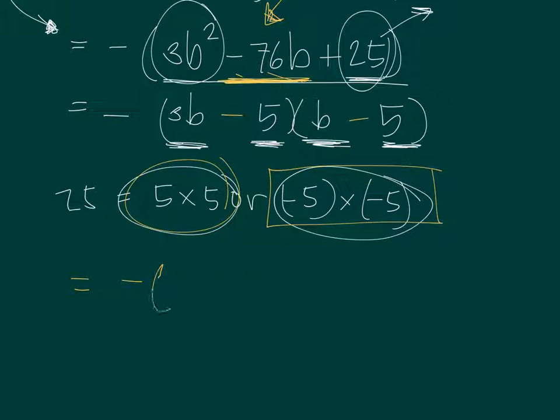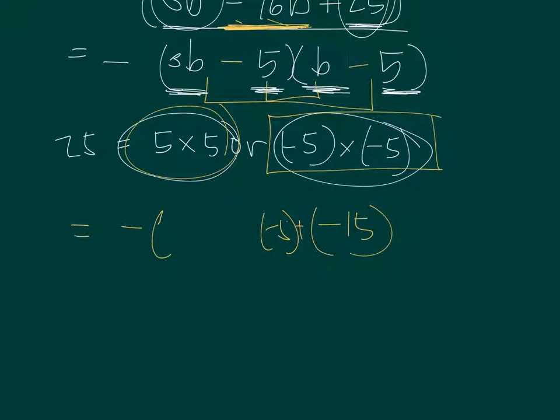If we check, this is negative 5b and this is negative 15, and negative 5 and negative 15 is too small, so if you add them, it will not give you 76. So it seems like the minus 5 and the minus 5 will not work. So we have to think of other numbers, two numbers.